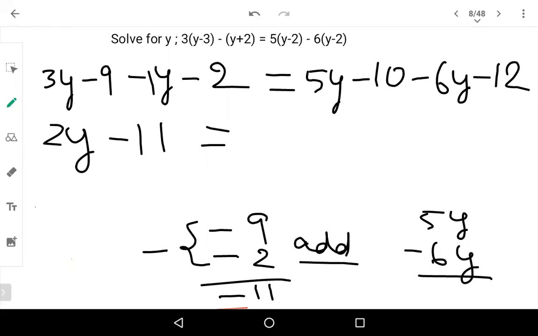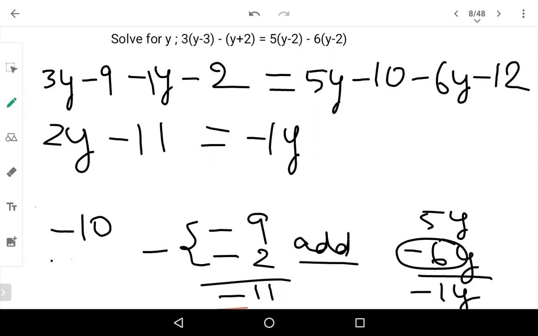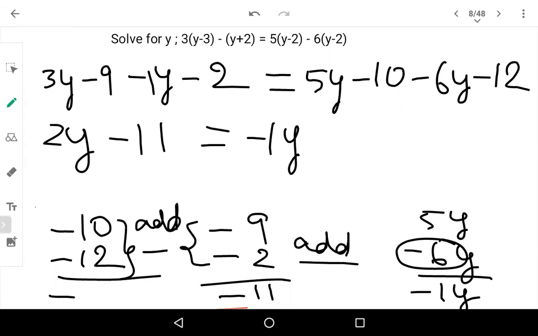You will get minus 1y, and not 1y, because for the bigger number you have minus. Now next we have minus 10 and minus 12. Again, since you have minus and minus, add the numbers but keep the minus sign as it is. So you will get 22, so this is going to become minus 22.